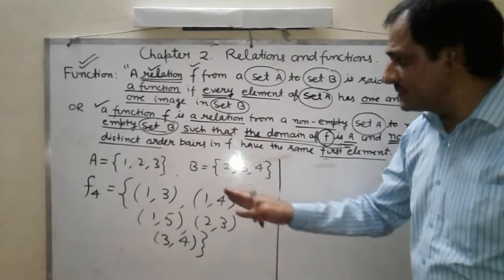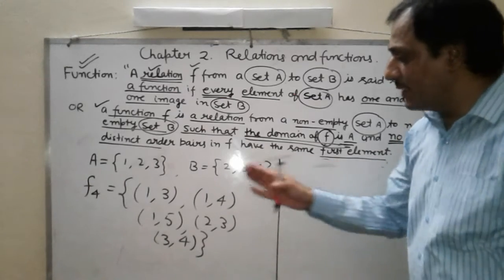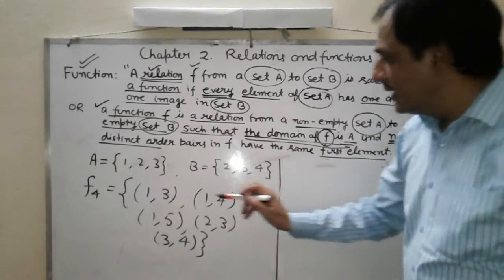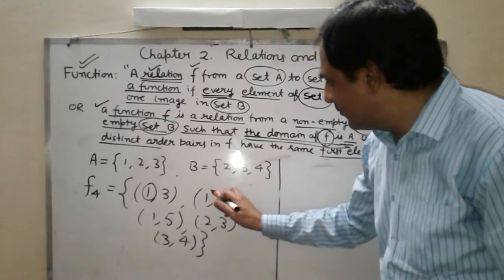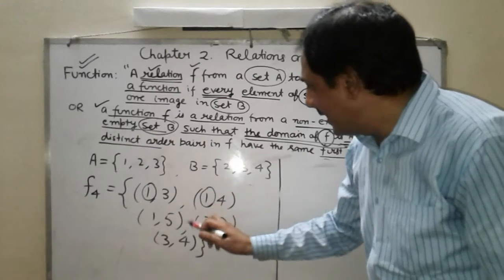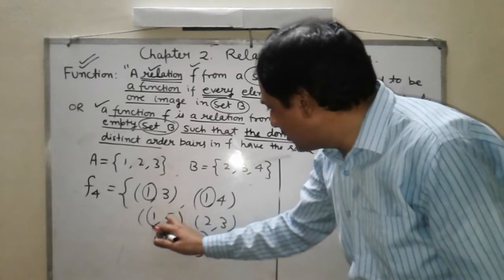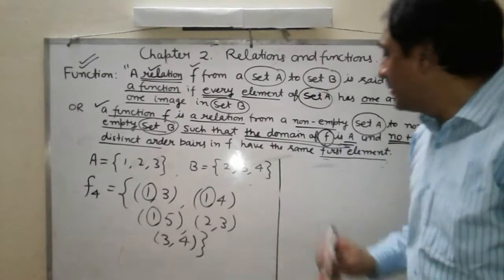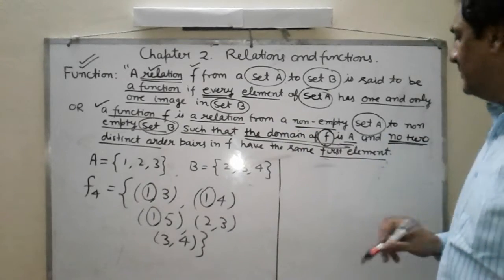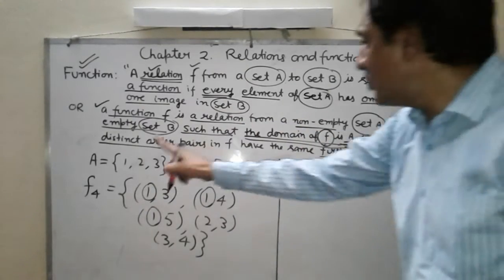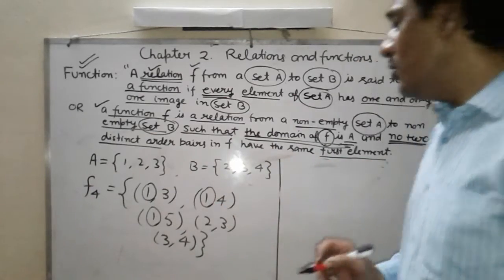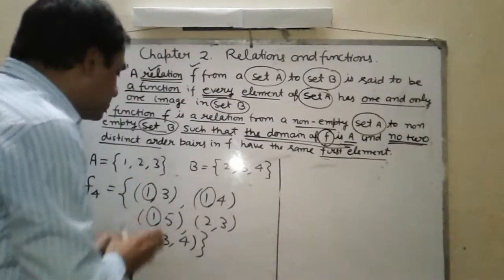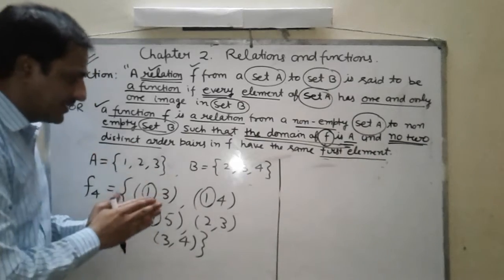This is an example of a relation. Why is it not a function? Because the first elements of the first, second and third ordered pairs are equal. But according to the definition of function, no two distinct ordered pairs in f have the same first element. So this is not an example of a function.